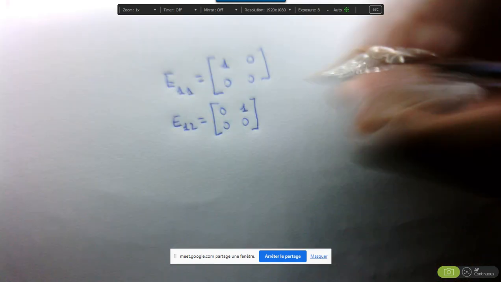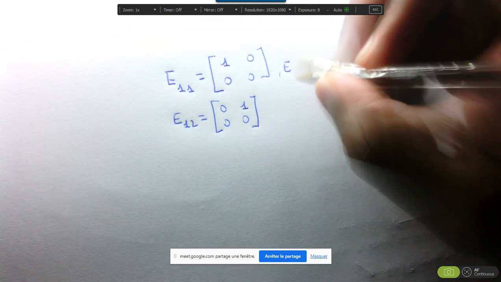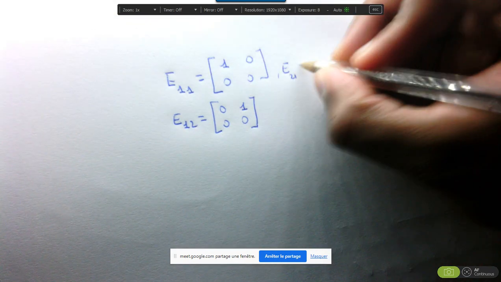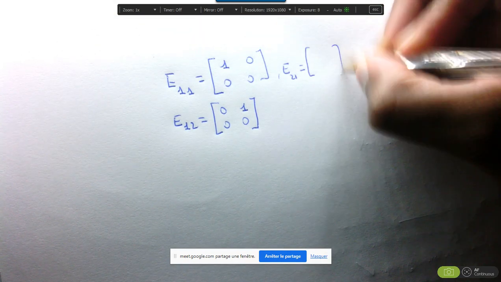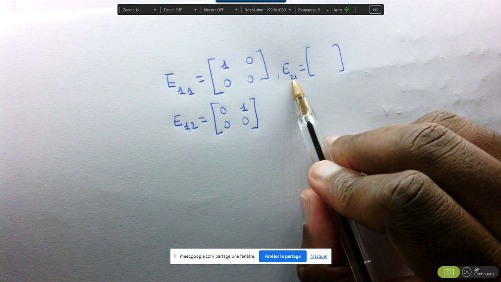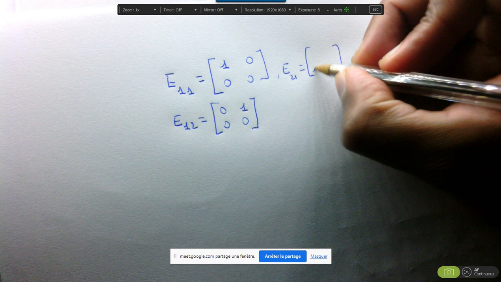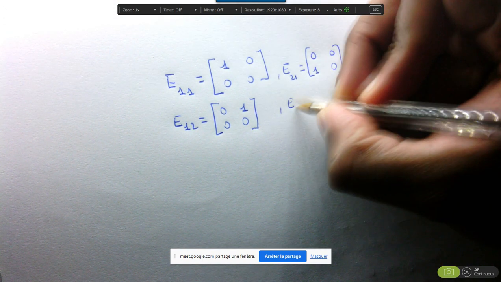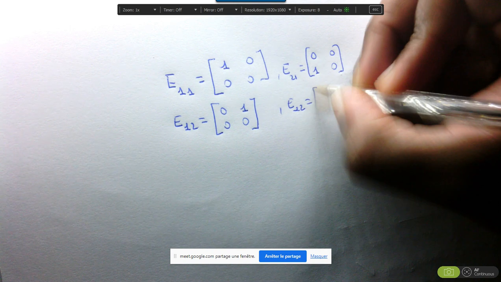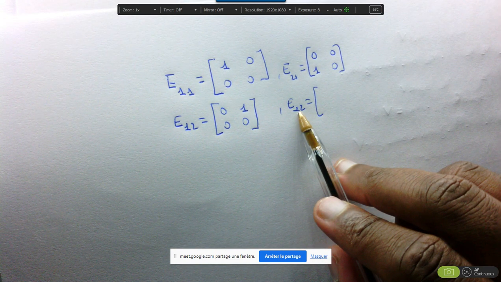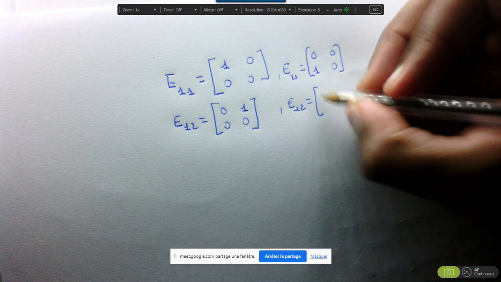For E21, my 1 is positioned in the second row, first column, and everything else is a 0. And for E22, my 1 is positioned in the second row, second column.